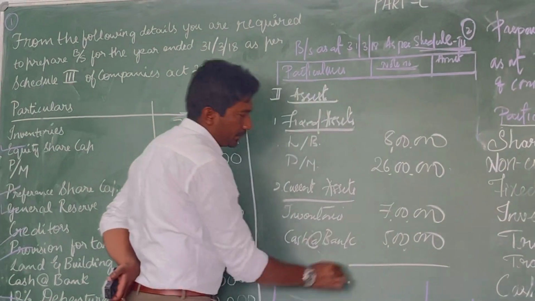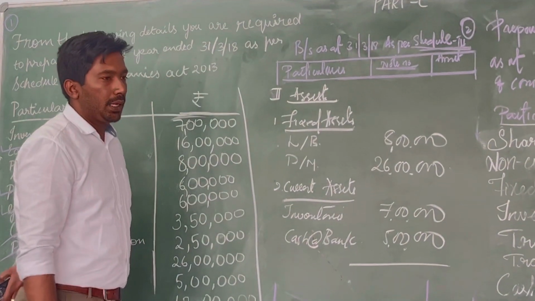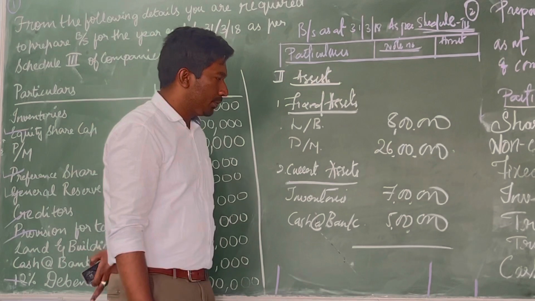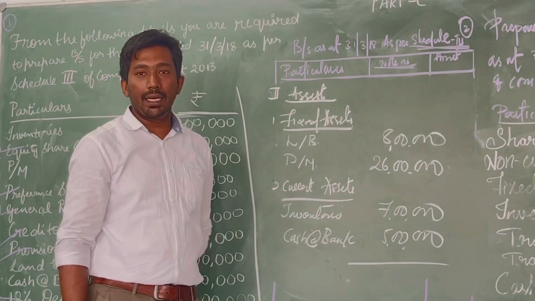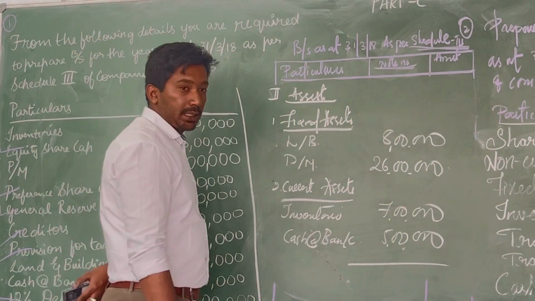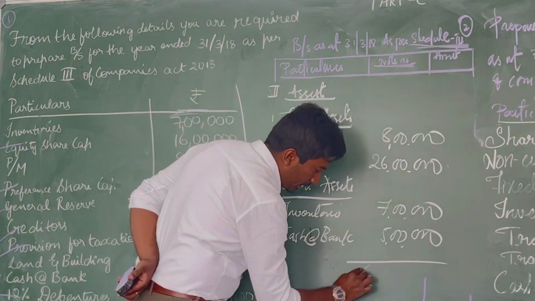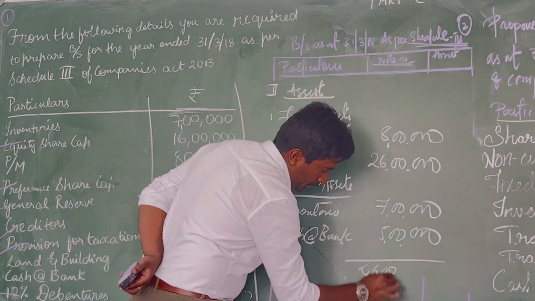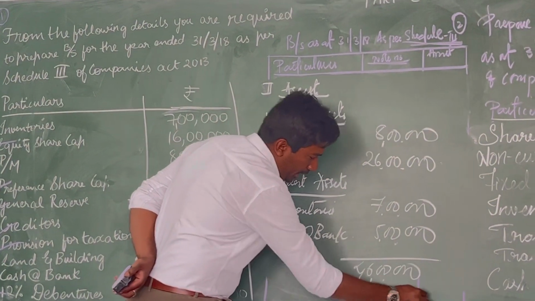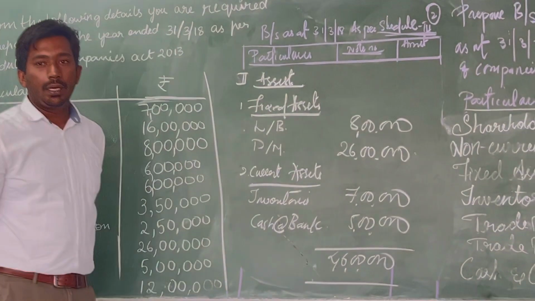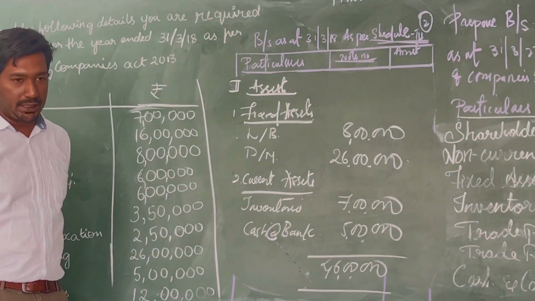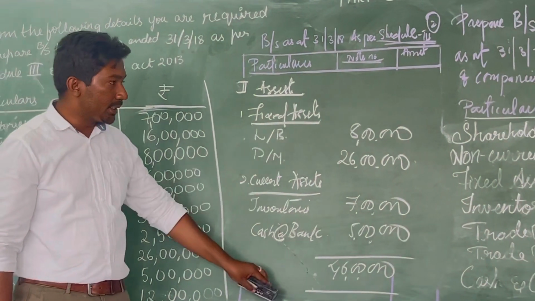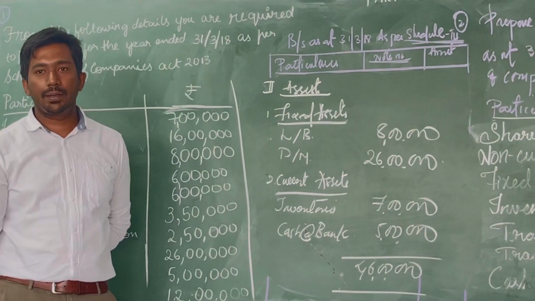Total is 12 lakh. Sir, you add everything, it is 46. Same, it is tallying. Both assets and liabilities are tallying, guys. Our total liability was 46 lakh and our total asset is 46 lakh.